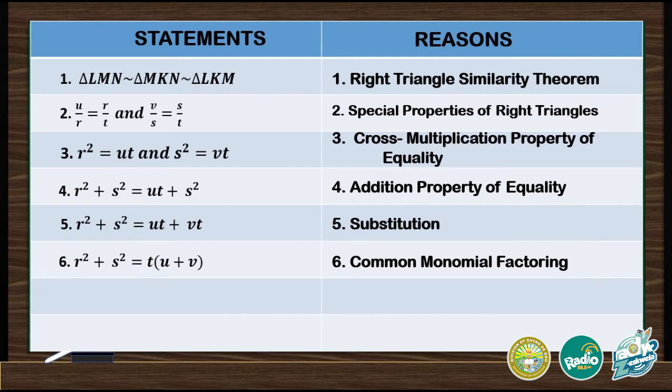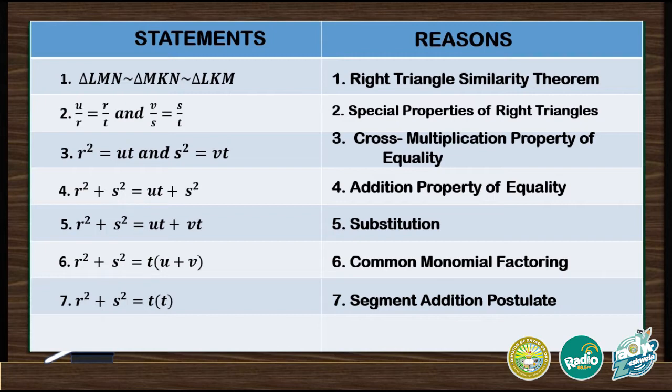Correct! R squared plus S squared equals T quantity T. The reason for that is segment addition postulate. And the hint for our last statement is simplify the right side of statement 7.